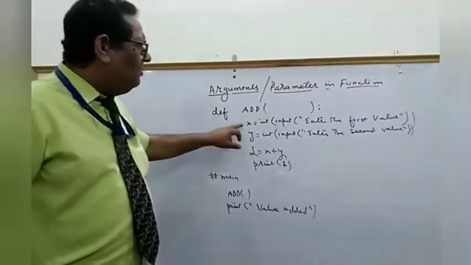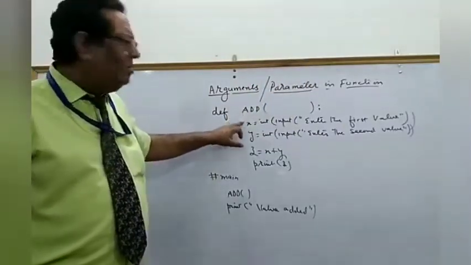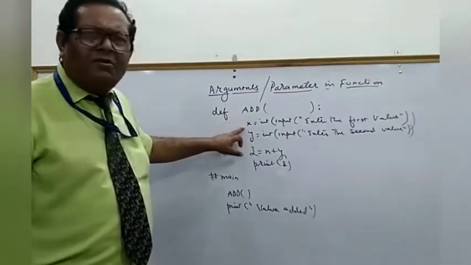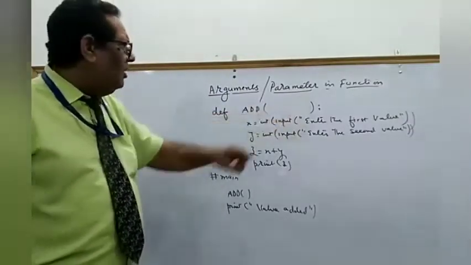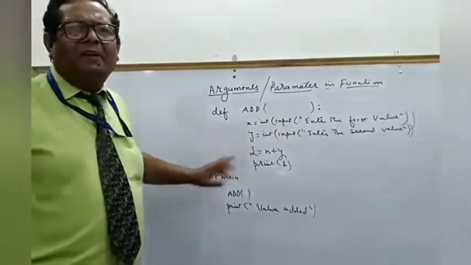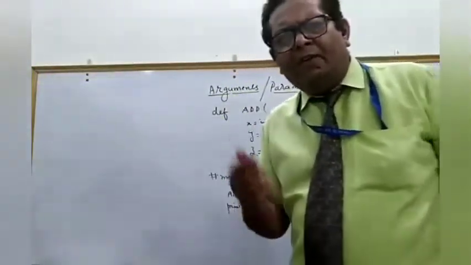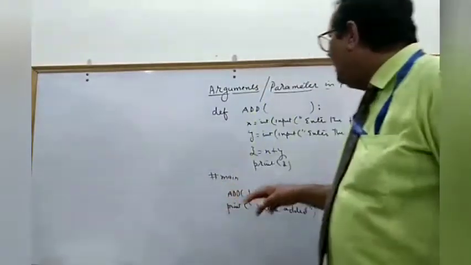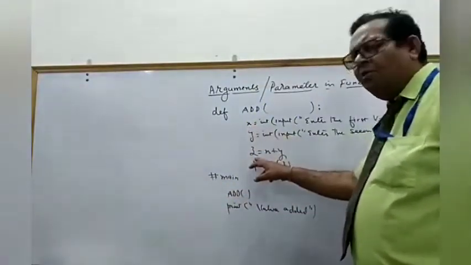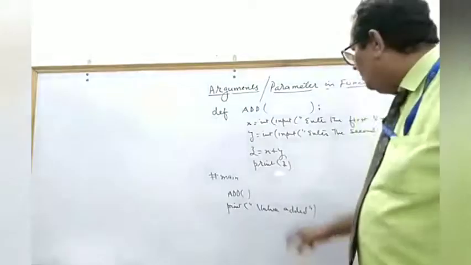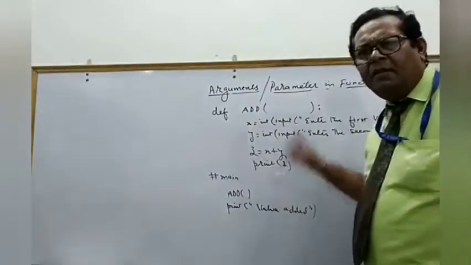Therefore, the function add will take the values by itself from the user and will store them in the variables x and y. So when the function add is called, it will take the values from the user and add them, store the result in z, and the result will be printed.